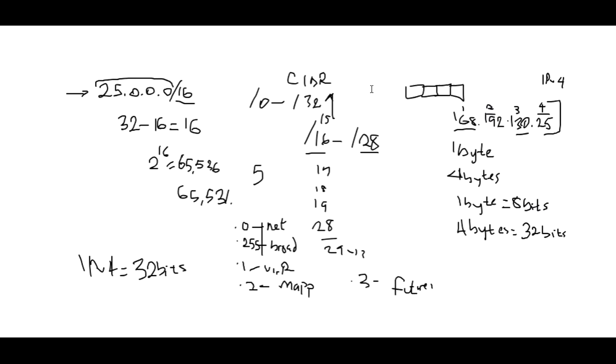So on the AWS platform, whenever you have any CIDR block, know that out of the IP addresses available on that CIDR block, 5 has been reserved. And these are the 5 that has been reserved: .0 for the network, .255 for broadcast, .1 for virtual routing, .2 for mapping, and .3 for future use.